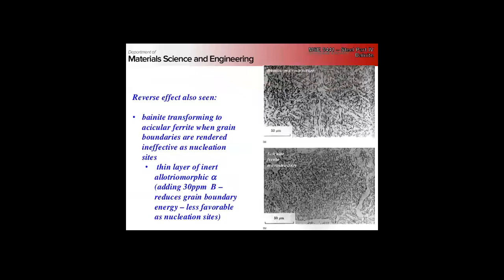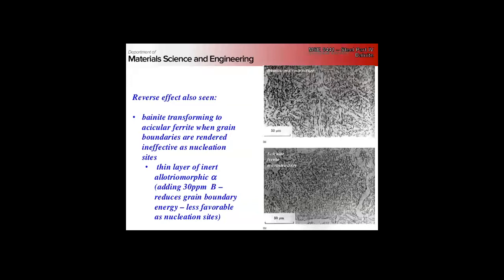Okay, so we can also go the opposite way, right? If we make our grain boundaries ineffective as nucleation sites, right? Which means if we grow some allotriomorphic ferrite on it, right, a little bit of boron will do that, right?